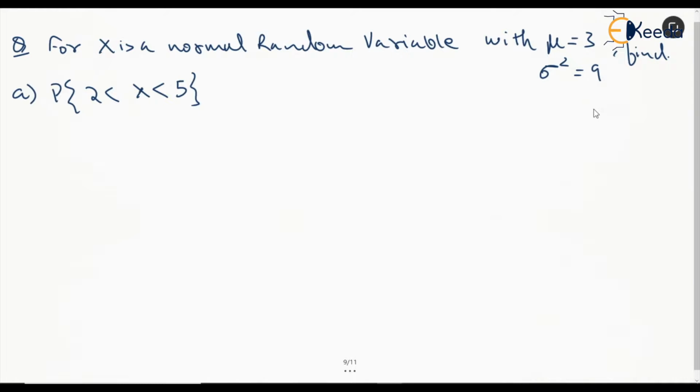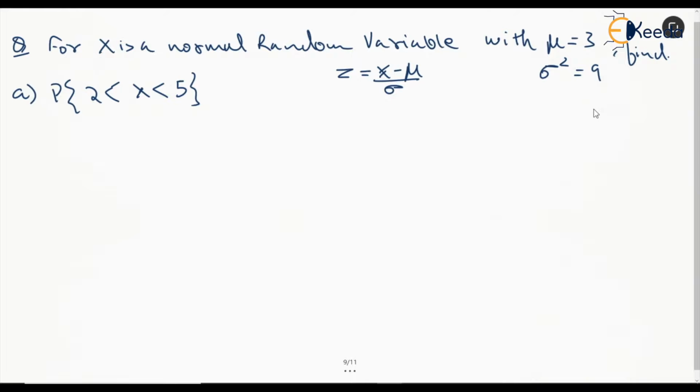The first thing is the mean is 3 and the variance is 9. Definitely this is not a standard normal variate or standard normal distribution with mean 0 and variance 1, right? So we need to make a transformation that has z equal to x minus mu by sigma. So we'll consider mu equal to 3 and sigma is also 3.